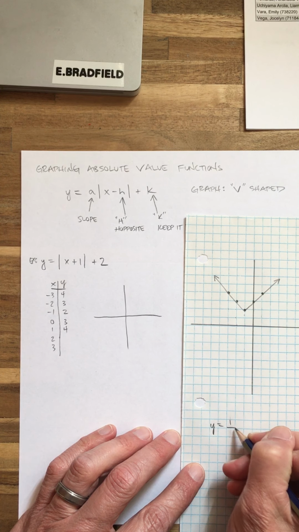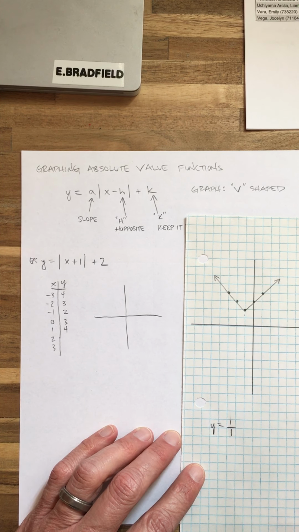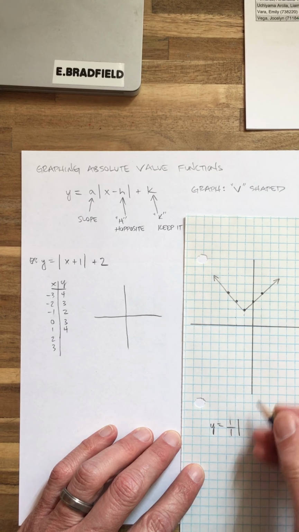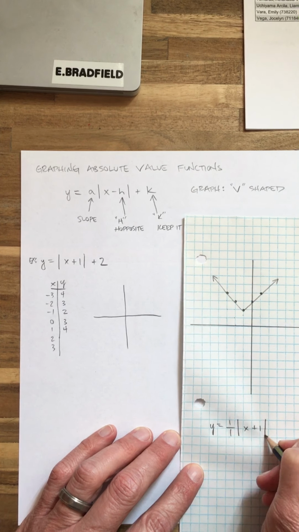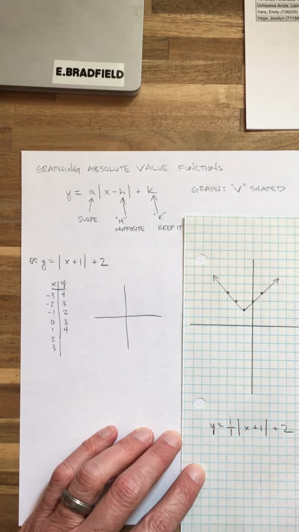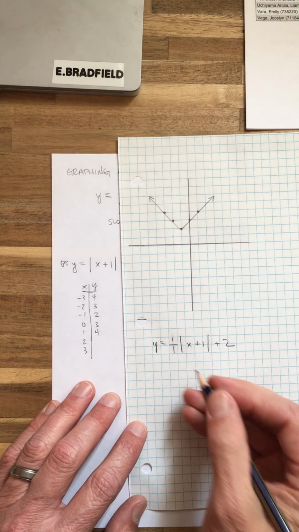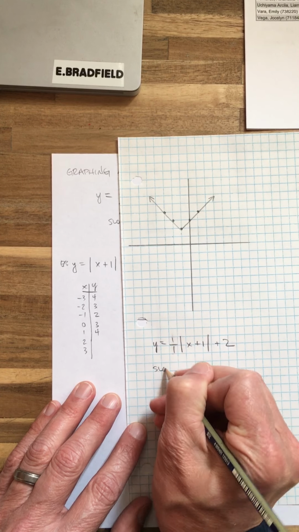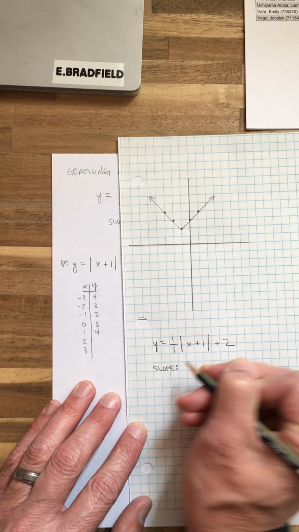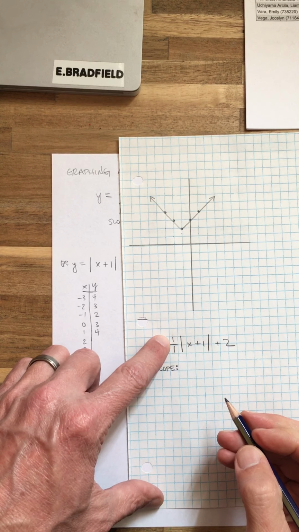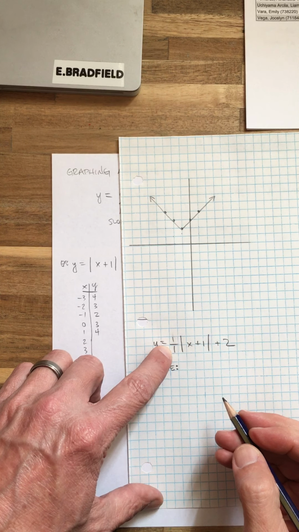So you're going to put 1 over 1. Okay, and then you're going to hit your absolute value. So x plus 1, and then plus 2. Okay. And all you have to do is this. Watch this. You're going to love it. So the slope, okay, you're going to say it's up 1 over 1.